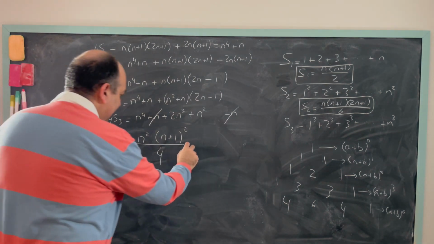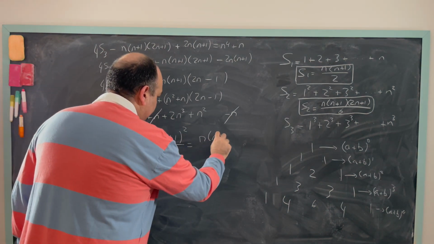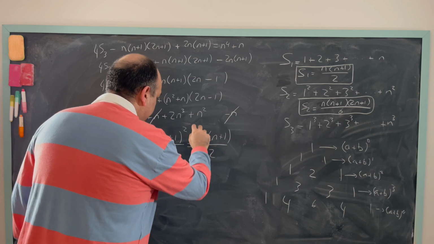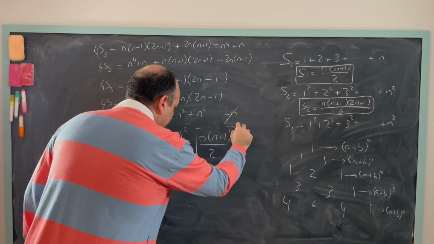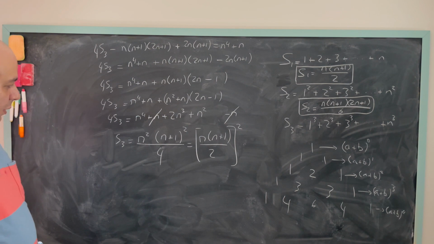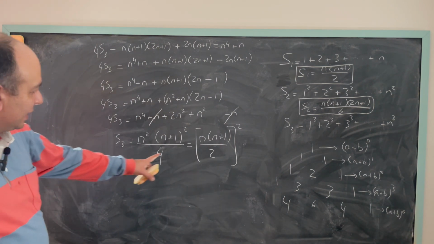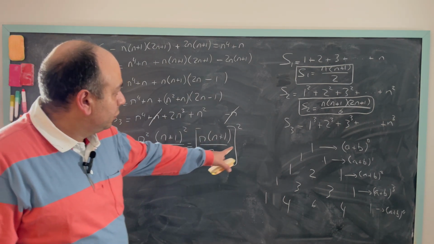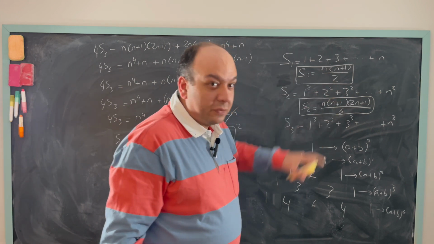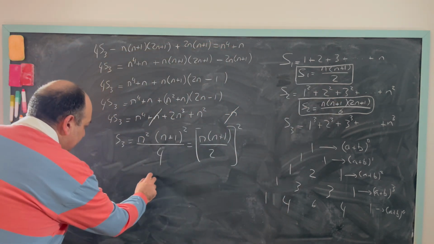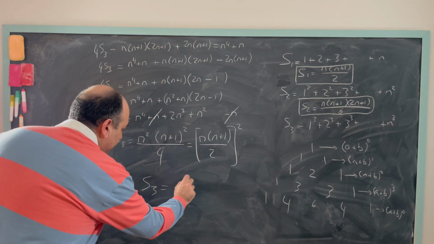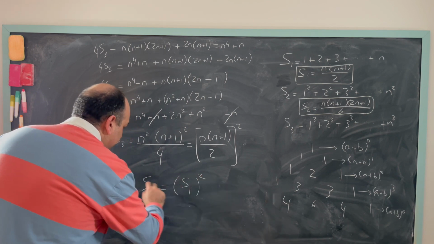Okay, so I can divide by 4. Okay, what is that? So this is n times n plus 1 over 2 altogether squared. Wow, what is that? So n times n plus 1 over 2. Interesting. So S3 is simply equal to S1 squared.